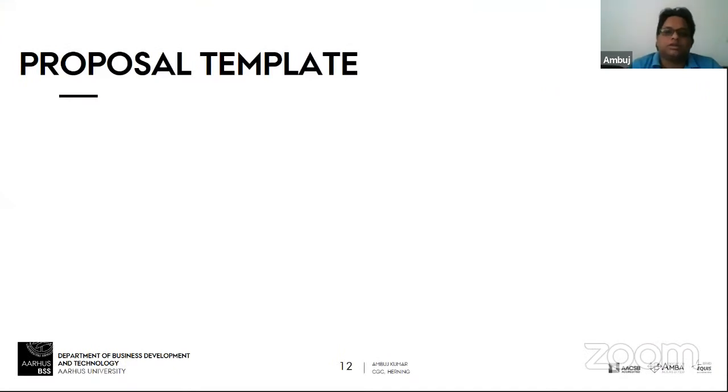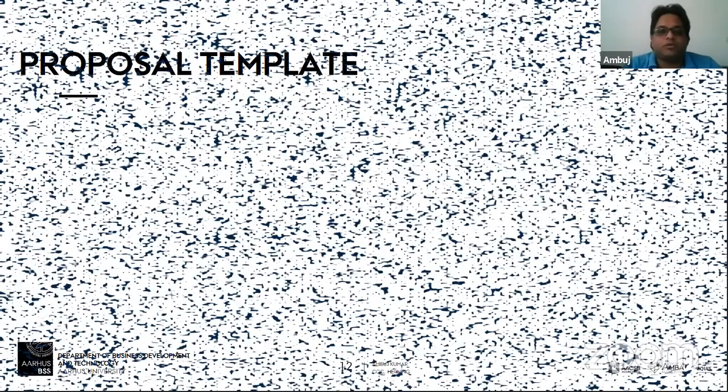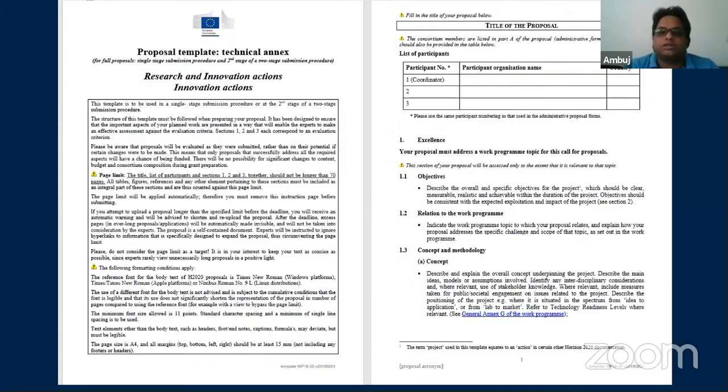So this is a generic proposal template, and this is typical EU, but I have seen that a lot of Indian fundings or maybe other countries follow the same structure. May not be exactly the same, but it's more or less the same.